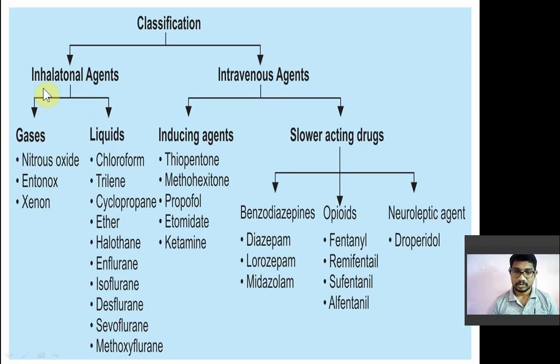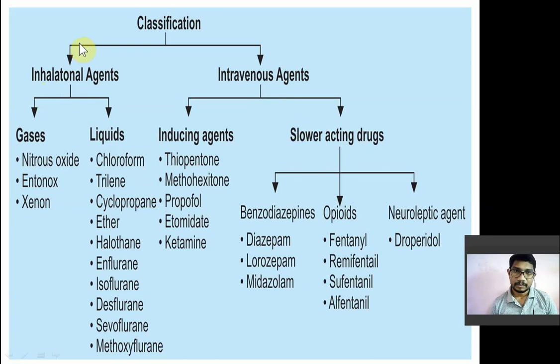That means you will not have pain when they cut or operate on you. That pain will be lost, you will not have a sense of pain. They abolish all modalities of pain sensation with loss of consciousness. That is general anesthesia, and that's why they are used in surgery.